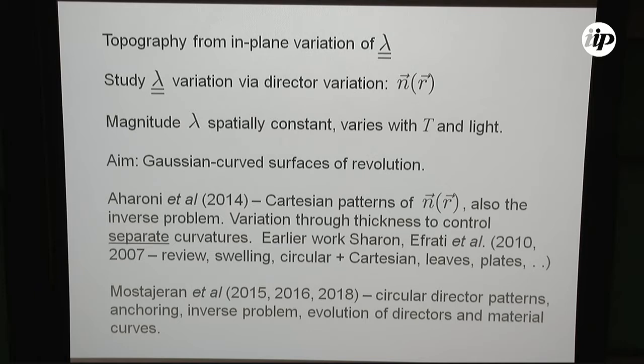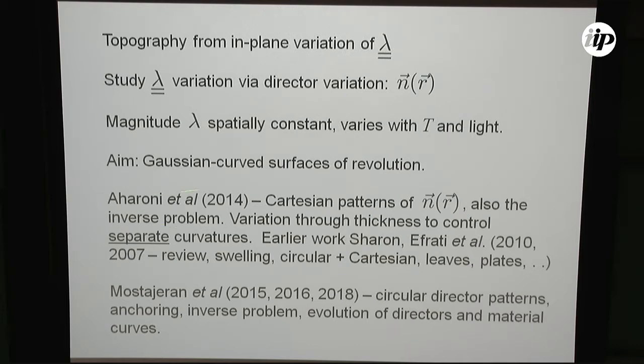So at a given temperature or light level, there will be a given value of lambda, and we can change that by illumination, but we'll vary spatially purely through the direction at which the director points in the plane. Now, following me, there'll be a much more sophisticated talk about varying it in other ways, and you will hear about that, I hope, rather shortly.